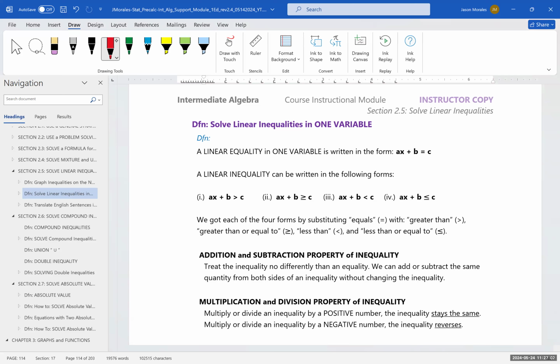Okay, next in the section we need to look at solving linear inequalities in one variable.